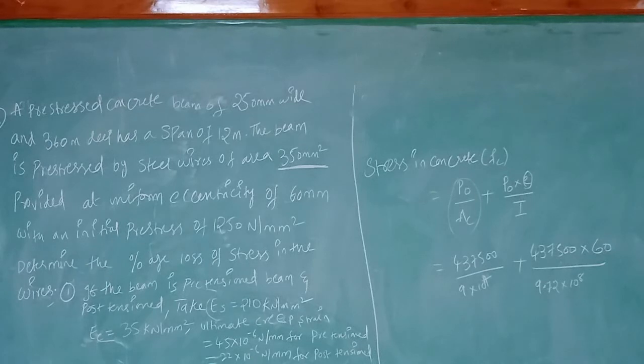437500 into 60 divided by 9.72 into 10 to the power 8. So what is the answer here?